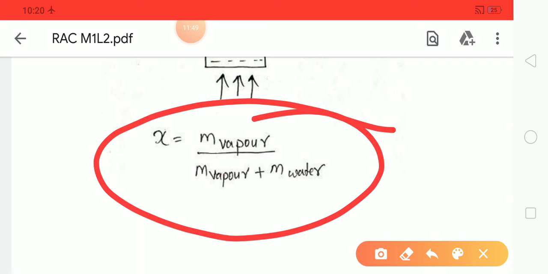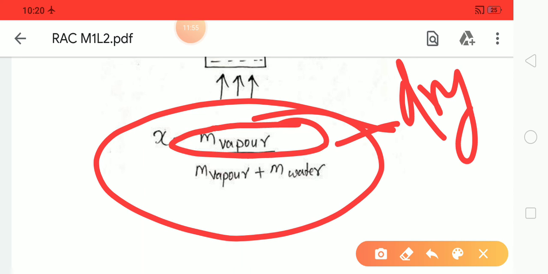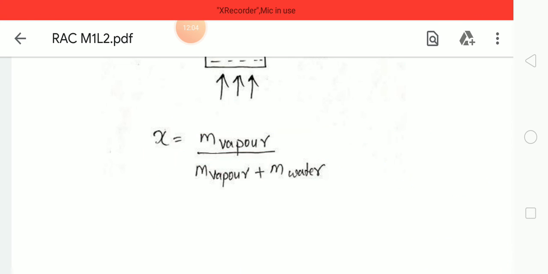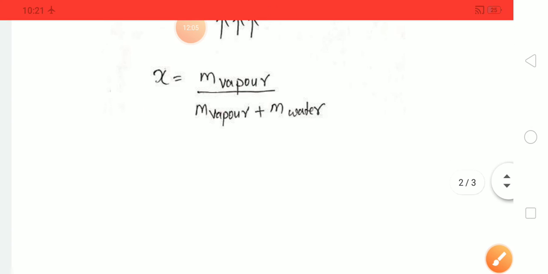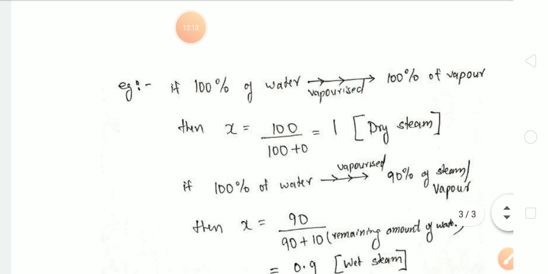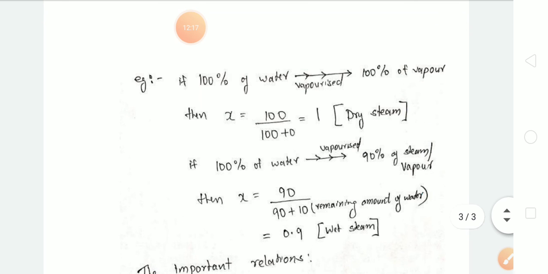Or you can also say that this is the mass of dry steam divided by the mass of wet steam. Okay, wet steam plus moisture, or simply wet steam. So that is x, mass of vapor divided by mass of vapor plus mass of water remaining in the vessel.